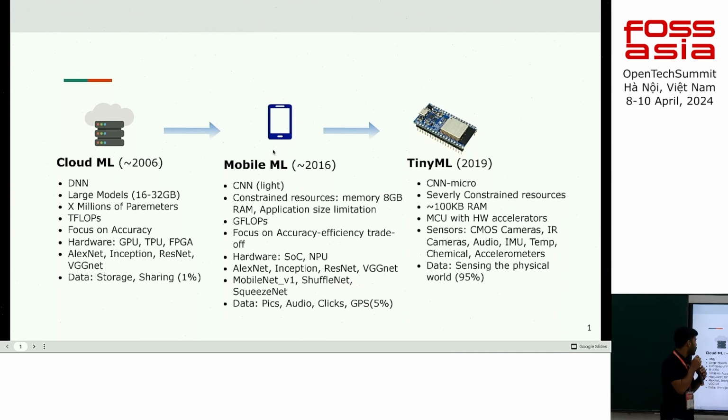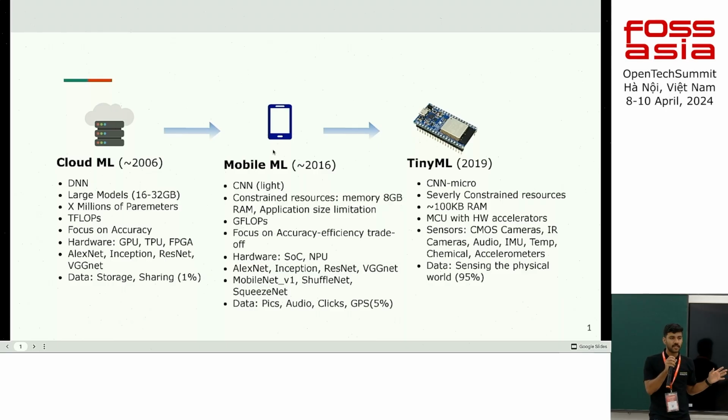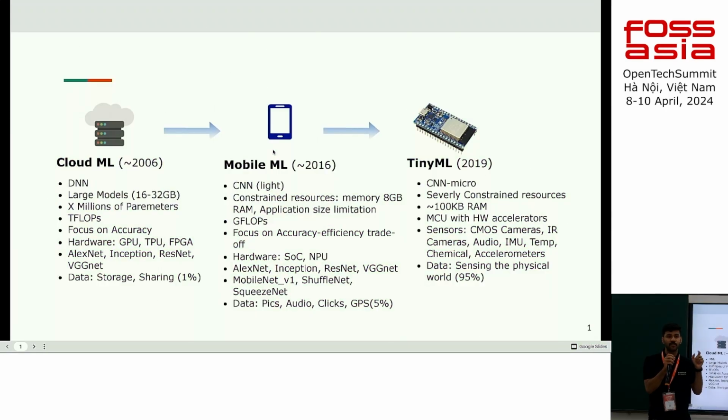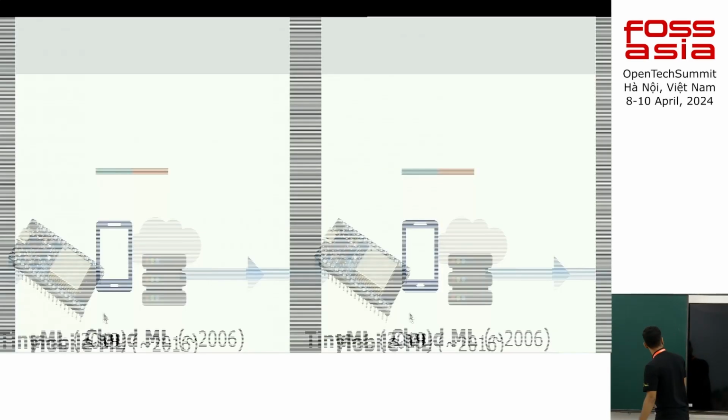So basically, to run machine learning, we need a big computer. We need powerful machines which have GPU, TPU, tensor processing unit, or graphics processing unit, etc. In the past, we needed a big computer to run machine learning.